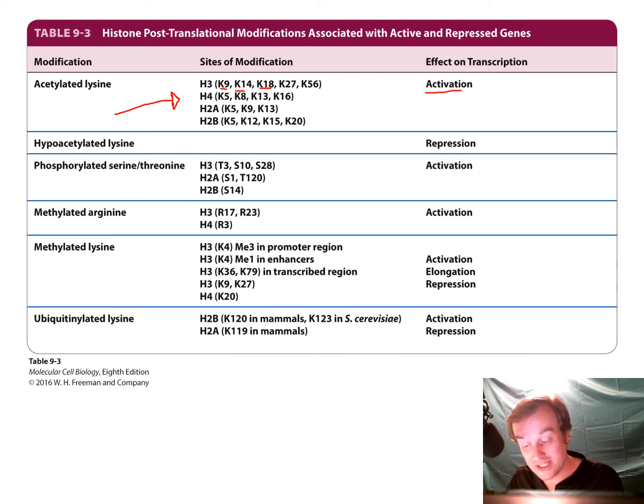Phosphorylation can also lead to activation on these histone tails, as well as methylation of arginines. But depending on the methylation site of lysine, it can either activate or repress. We also talked briefly about ubiquitination. If you ubiquitinate a lysine, it can either activate or repress depending on the position.